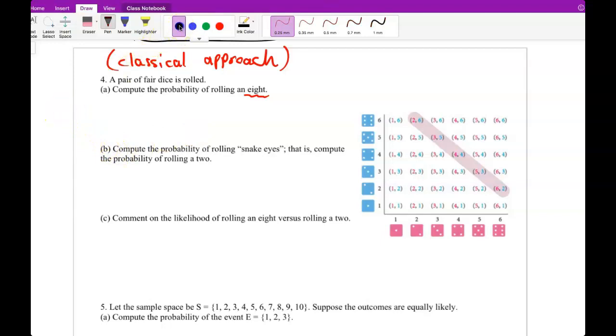So we are asked to find the probability of 8, that is equal to the number of 8s, and here the denominator is the number of outcomes.